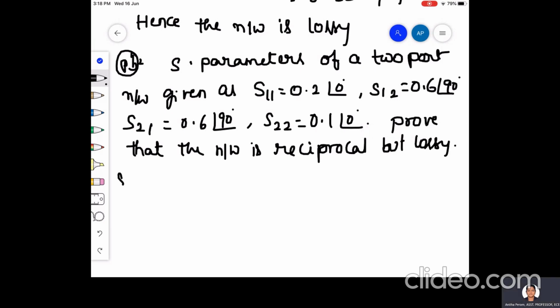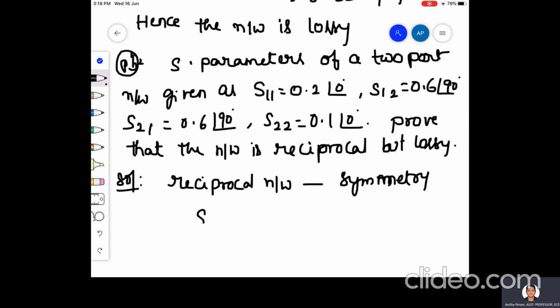To prove this, for a reciprocal network, it has to satisfy the symmetry property. According to the symmetry property, Sij must be equal to Sji, under the condition i not equal to j. So for a two-port 2 cross 2 matrix, S12 must be equal to S21.